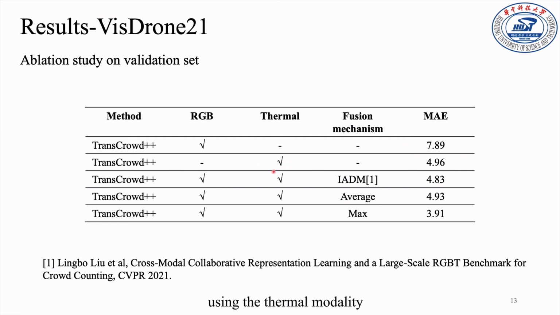Using the thermal modality, we can achieve a relative performance improvement of 17.3%. Using two modalities, we find that simply using the max operator can achieve the best result. Besides, the IADM fusion mechanism and the average operator are similar.